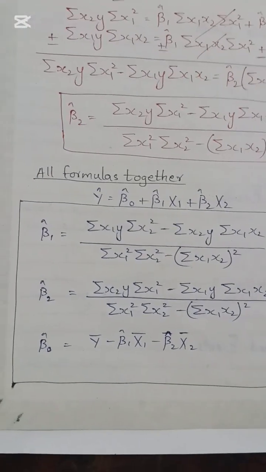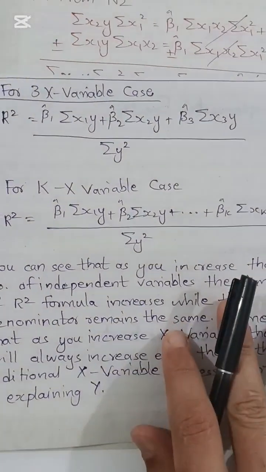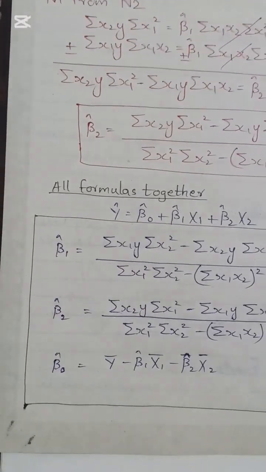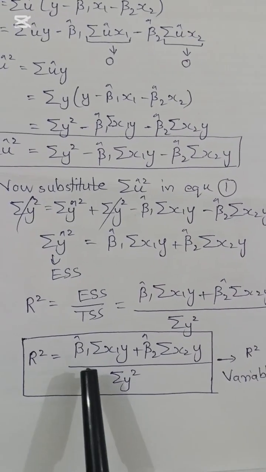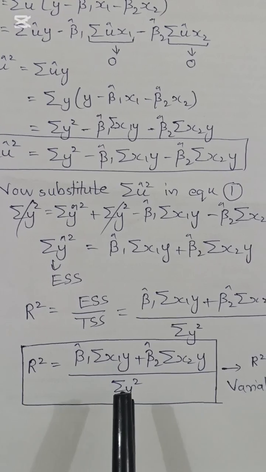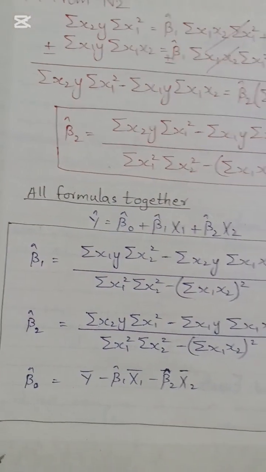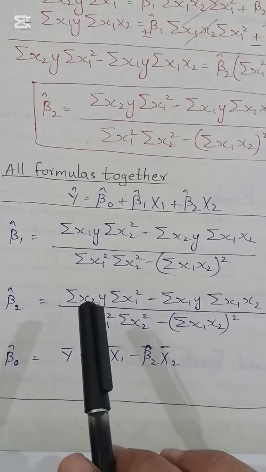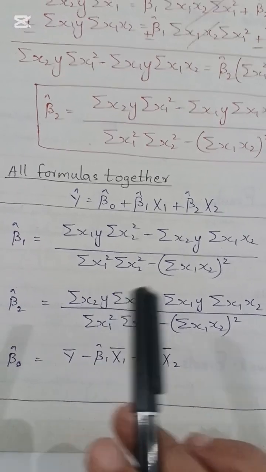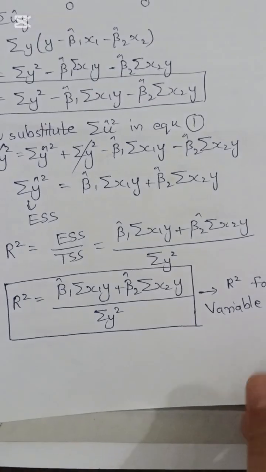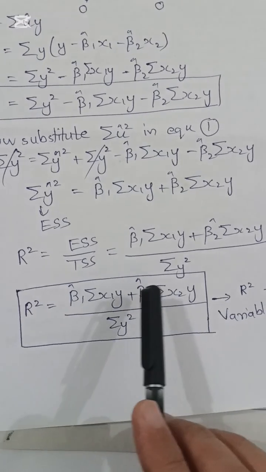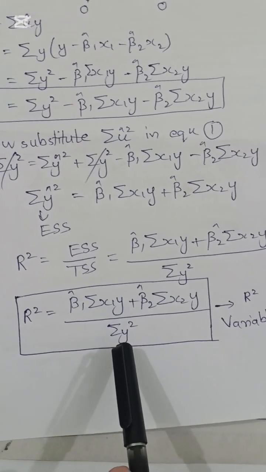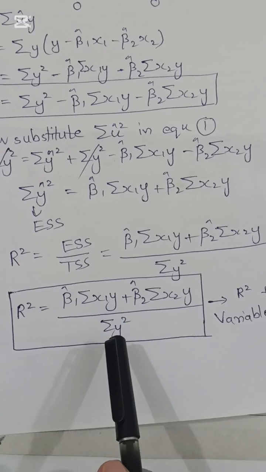So these are the requirements for this formula. So when you find these formulas, you can find automatically the R square, because all the things you have already found. And what is this sum of small y square? It is the sum of y minus y bar squared.